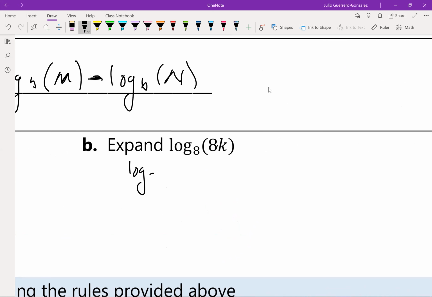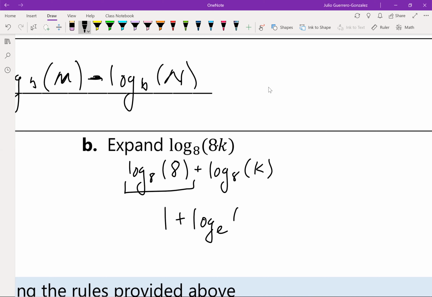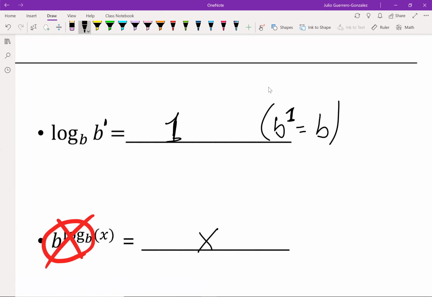What is this equal to? 1. 1. Well, I didn't think I'd get that right. How is that equal to 1? I divert your attention up here. It's this one. Got it?